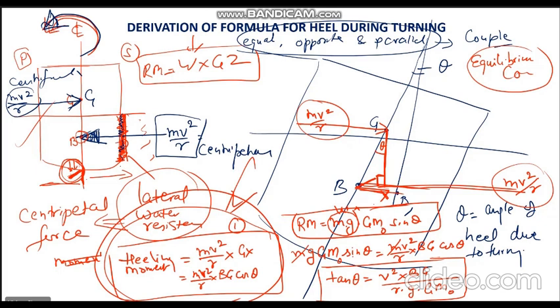So heeling moment is equal to mv square upon r into BG cos theta, right guys?